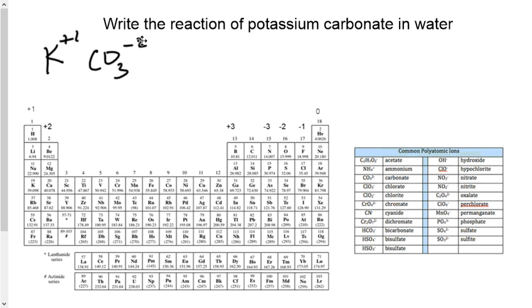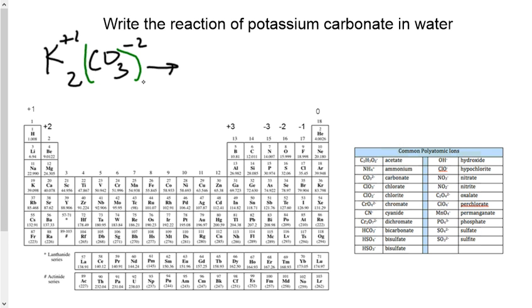We do need to crisscross the charge here. This 2 needs to come down here. Okay, and I recommend that you always put a parenthesis around your polyatomic ion so you don't get confused. We will cross the 1 down here. Okay, now we don't write 1s. You can write the 1 if you want. So what will this make in water?